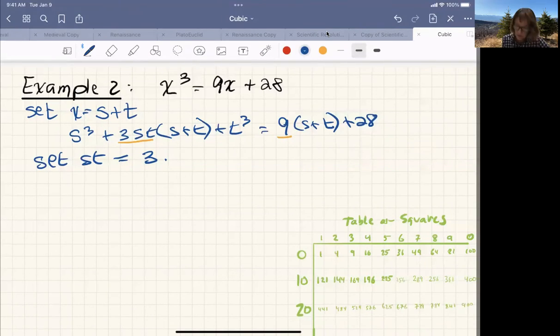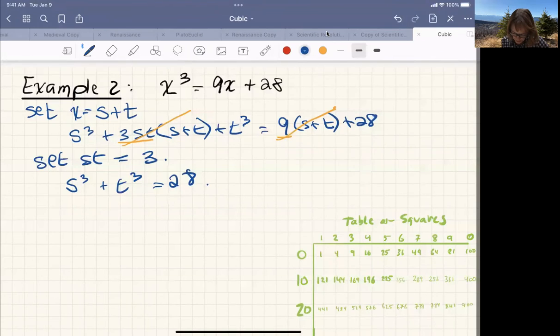And so now when we make that substitution, that st is equal to 3, what we're going to get is that this term and this term will cancel each other out. And so that leaves us with s cubed plus t cubed is equal to 28.